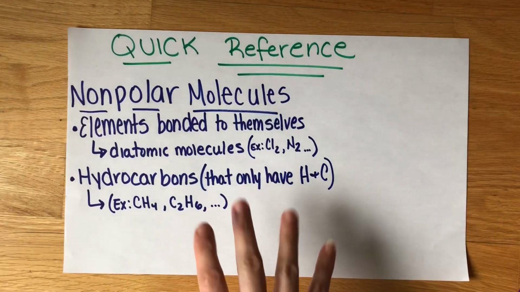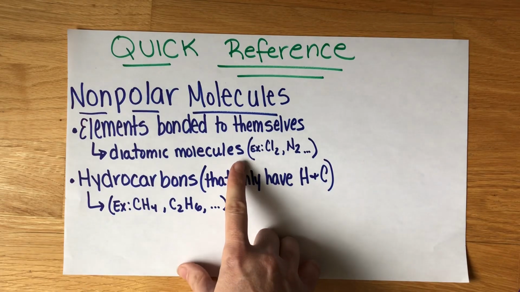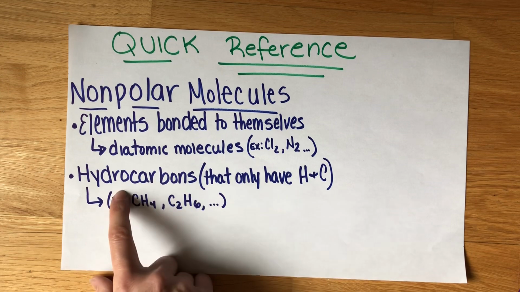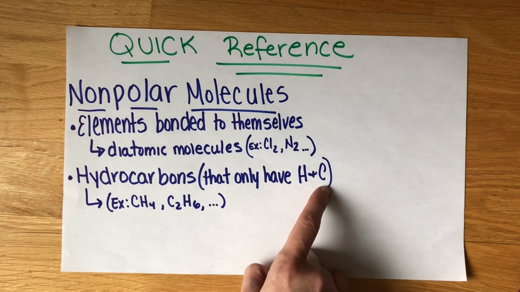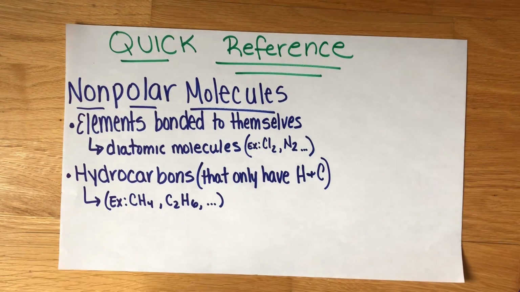Another quick reference, and this is a great cheat sheet: nonpolar molecules usually are elements that are bonded to themselves, so diatomic molecules, and hydrocarbons. But the hydrocarbons have to be regular basic hydrocarbons that only have carbon and hydrogens in them, as seen here. No extra elements like oxygen or chlorine.